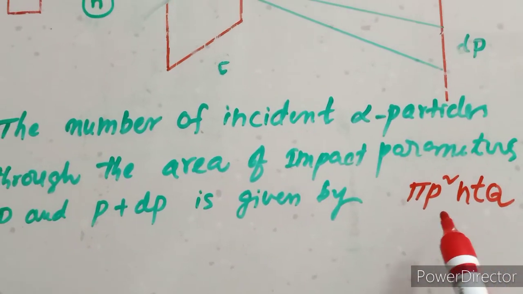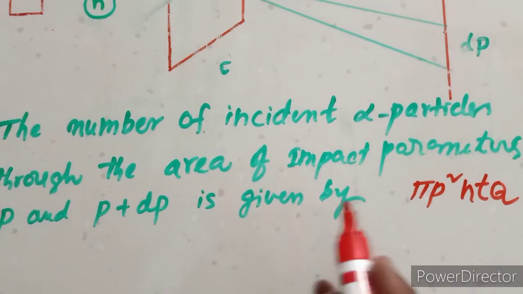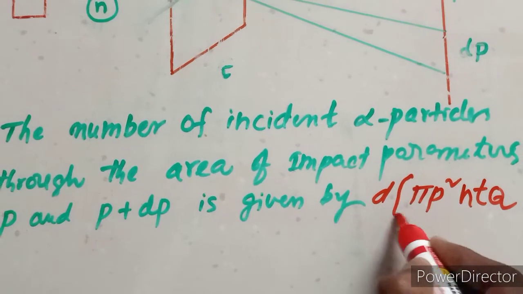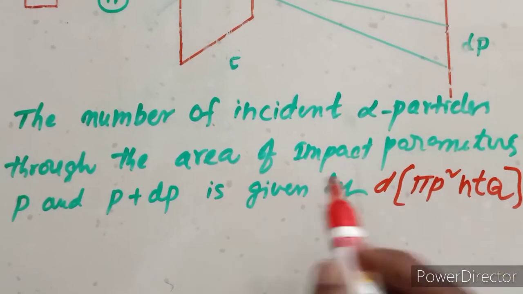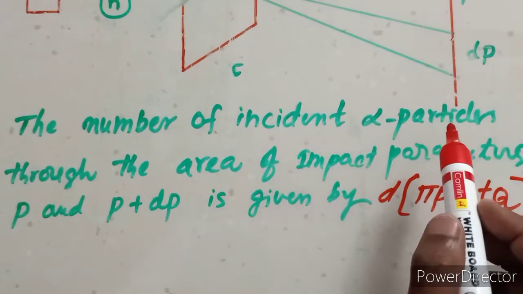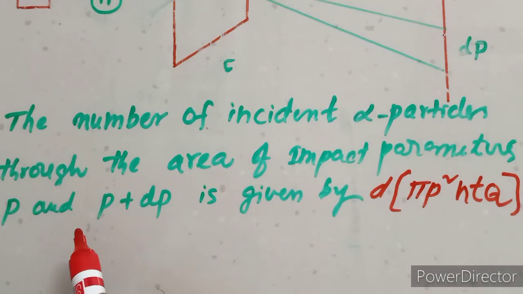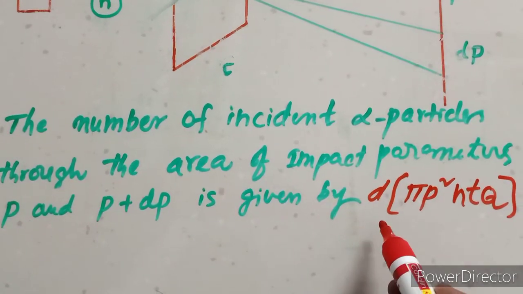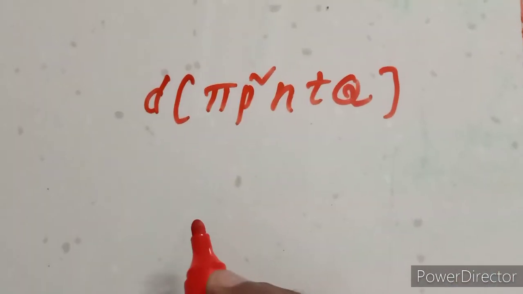But here the condition is p and p plus dp, so we take the derivative of pi p square N t q.